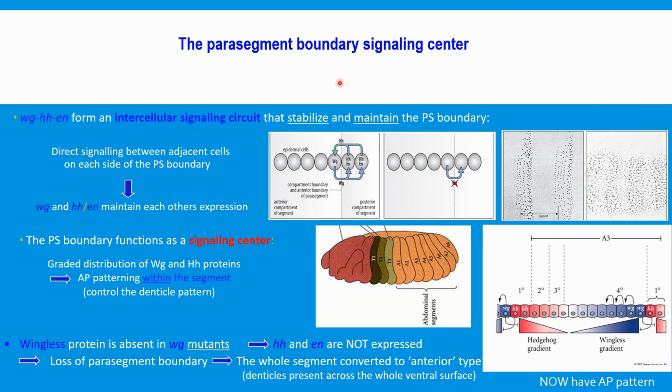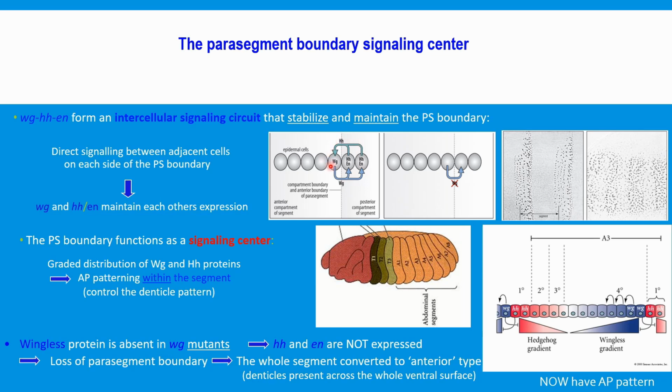So this slide just summarizes a little bit what I said, that the parasegment boundary is a signaling center. Here's the parasegment boundary with engrailed expression in the anterior most cells of the parasegment and wingless in the posterior most cell of the parasegment, and that these form a sort of self-perpetuating activation loop signaling between them.